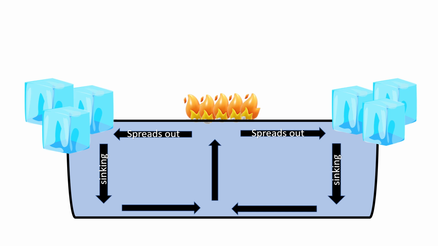This creates a continuous loop. Cool water sinks, warm water spreads out, the cycle repeats. This circulation pattern is driven by sinking of denser cold waters. However, in the first case, if you remember, it was the rising of lighter warm waters.